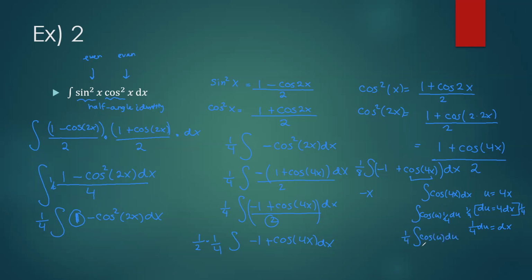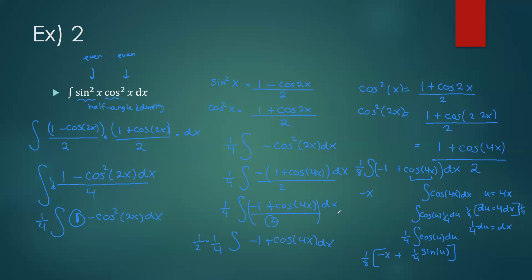And then the integration of cosine u is sine of u. And then you also have this -x. And then also remember we took out a 1/8, so we're going to multiply every term by 1/8.